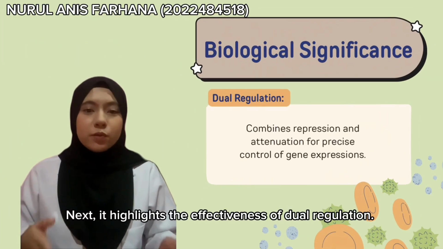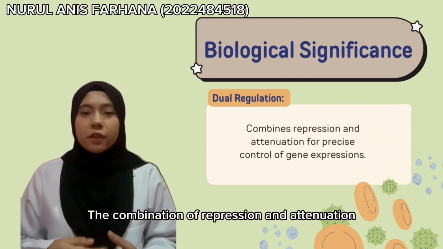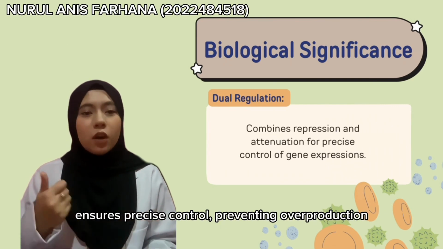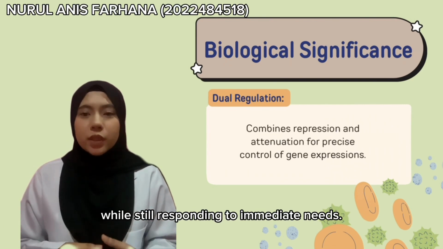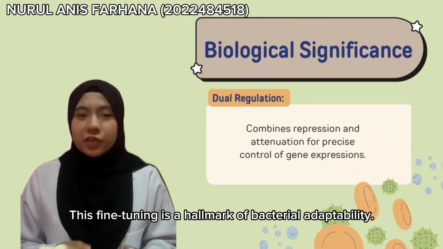Next, it also highlights the effectiveness of dual regulation. The combination of repression and attenuation ensures precise control, preventing overproduction while still responding to immediate needs. This fine-tuning is a hallmark of bacterial adaptability.